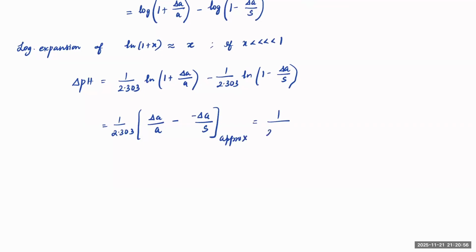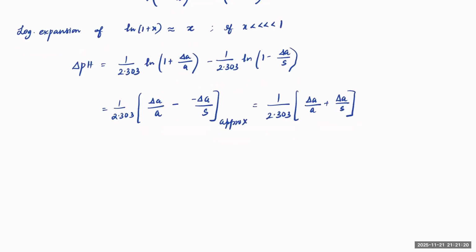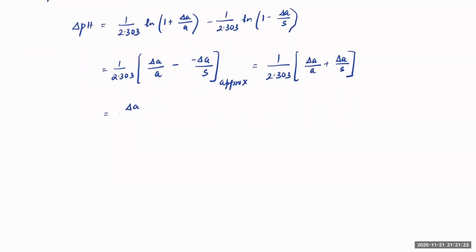So that is equal to 1 by 2.303 into delta A by A plus delta A by S. Delta A is common, so delta A by 2.303 multiplied by S plus A by SA, and this is equal to delta pH.